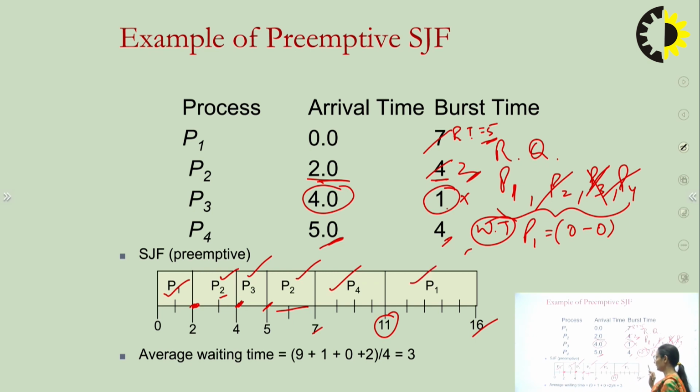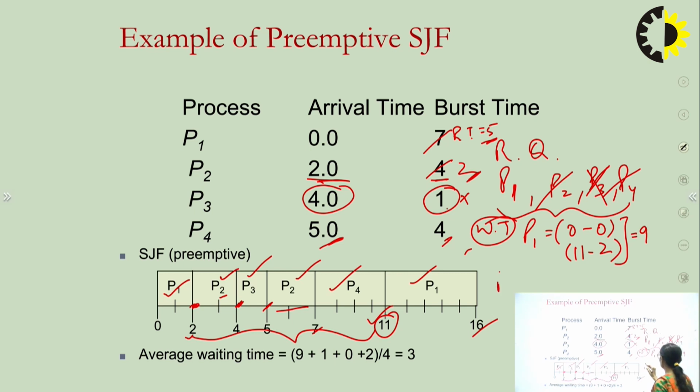So, this is the duration it has spent in the ready queue. How will you compute it? At this time it is again allocated, but it had left previously at 2, that is 11 minus 2. So, now in this case, the waiting time for P1 comes out to be 9.